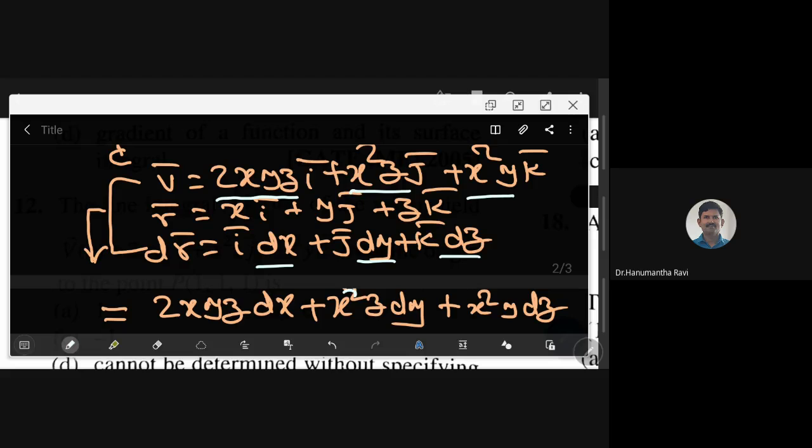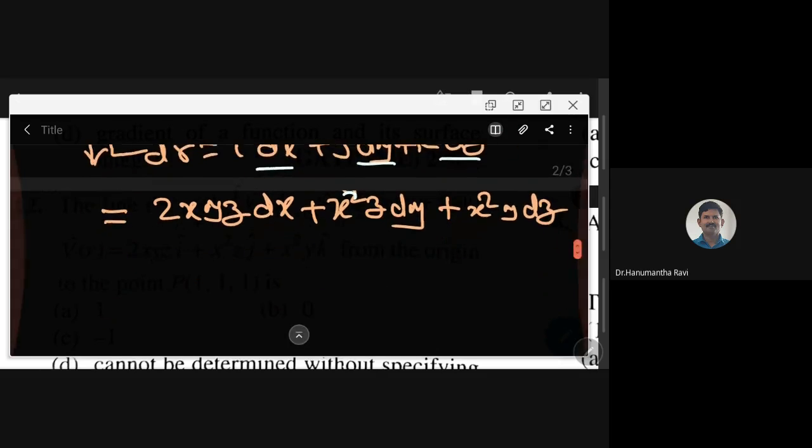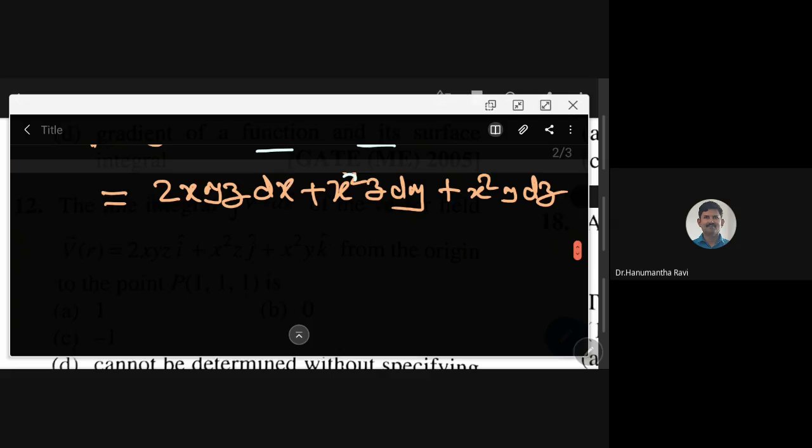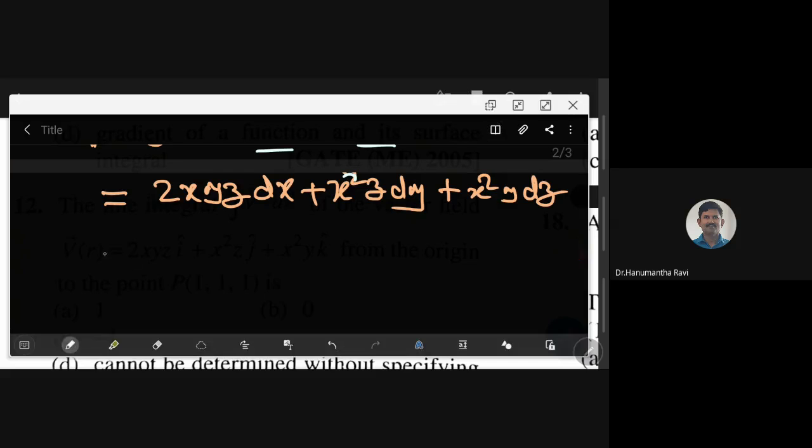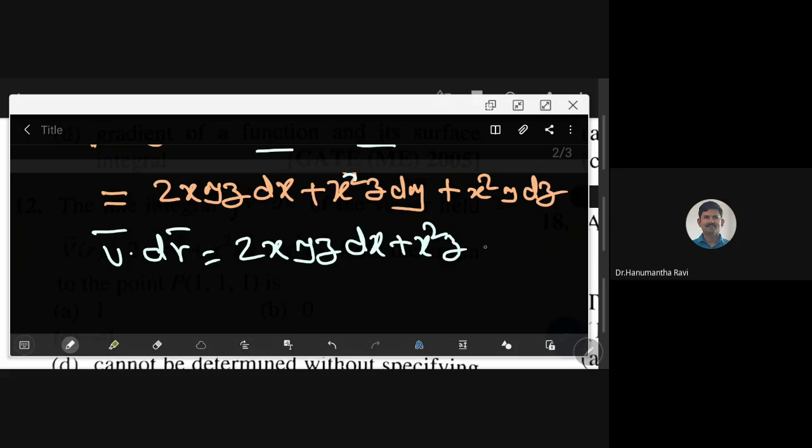So that is V bar dot dr bar. V bar dot dr bar we found as 2xyz dx plus x square z dy plus x square y dz.